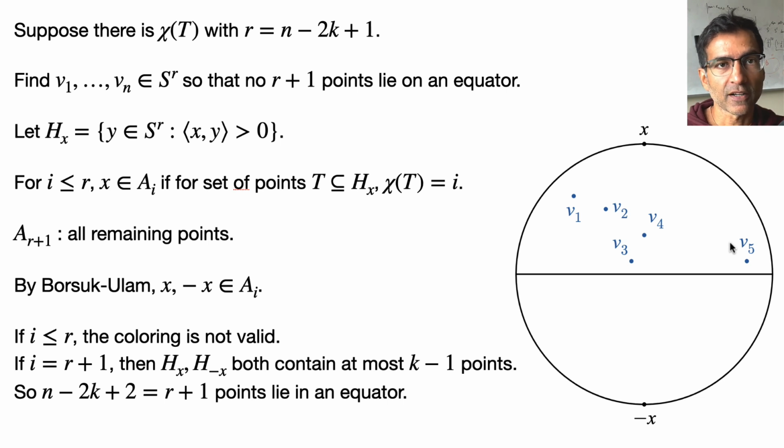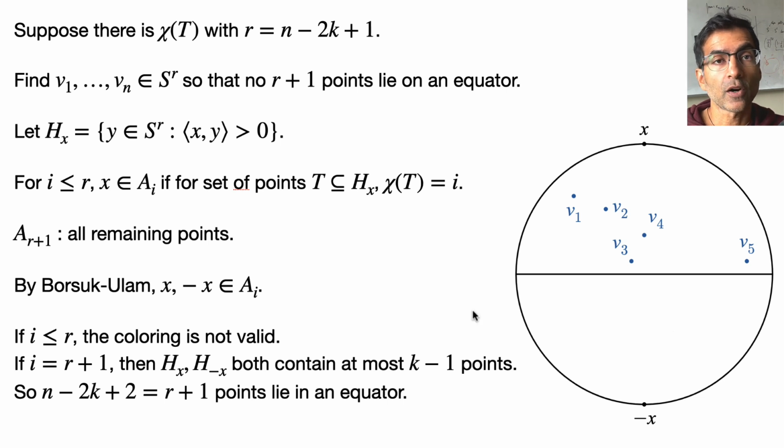If i is at most r, if x and minus x belong to one of the Ai's that corresponds to a color, then the coloring is not valid, because it must mean that there's a subset T in this part of the picture and a subset T prime in this part of the picture that are disjoint yet get the same color. So that's not possible. That contradicts the fact that the coloring is a good coloring.